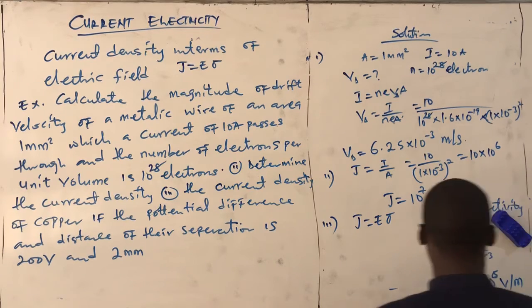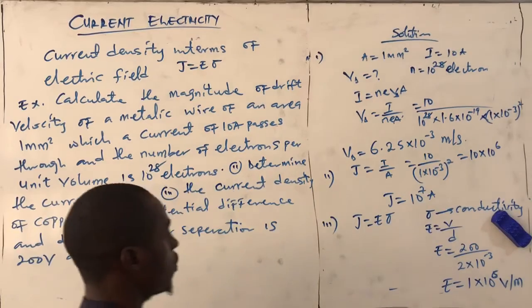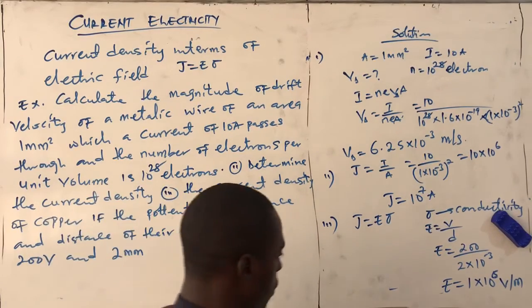So our electric field is equal to 1 times 10 raised to power 6 volts per meter.